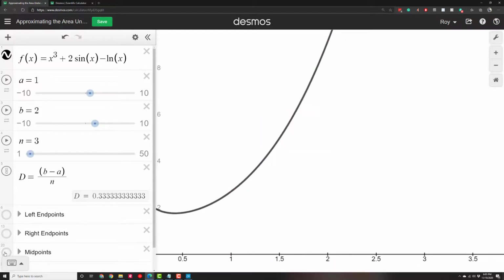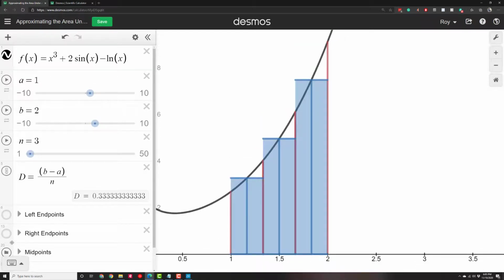And now we have this new method where you're doing midpoints. Again, there's the right, here's the left, and then you have this midpoint. The midpoint, this blue vertical line, is the midpoint of this interval. We have 3 subintervals. It's the midpoint, and you can see I put a cap on that, a top on that at the midpoint. That's the midpoint method.